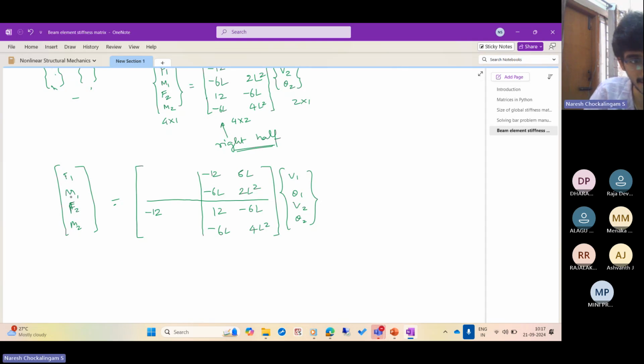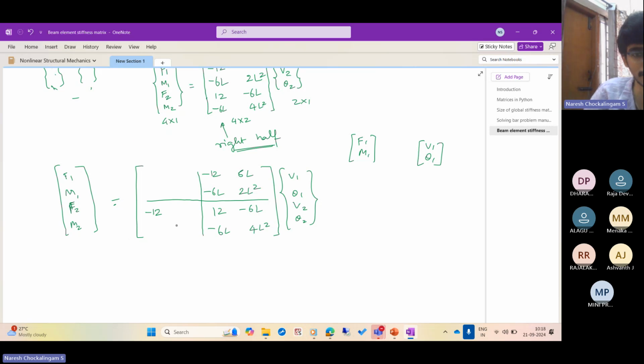Right. So the idea is this matrix has to be symmetric because of Maxwell's theorem. When you have just V1 theta 1 and this F1 M1, this is not the full work done. But when you have this entire system F2, M2, F1, M1, this is the full matrix. This matrix has to be symmetric.